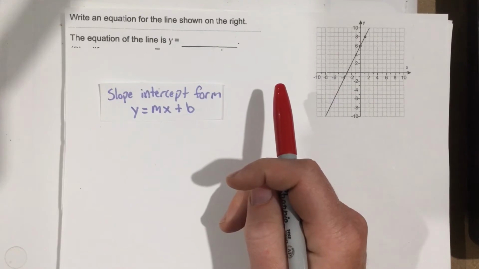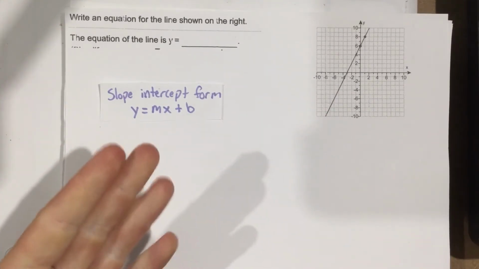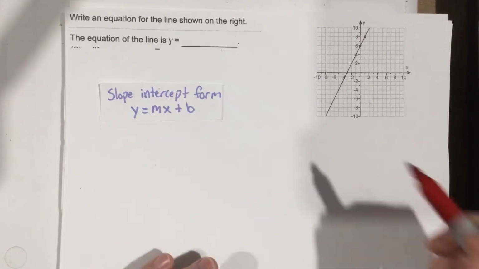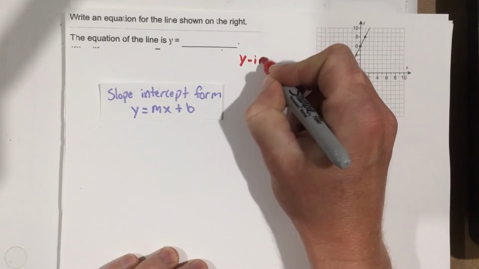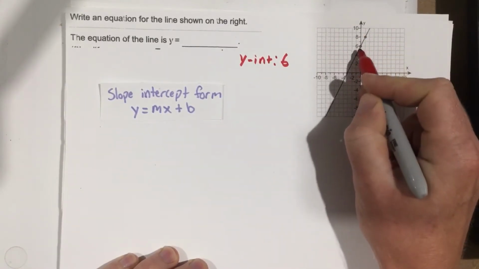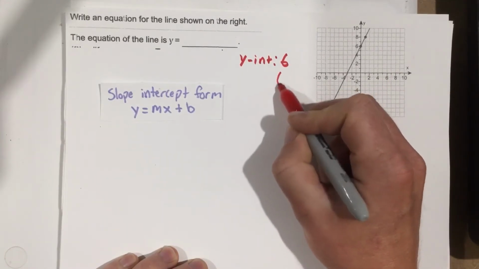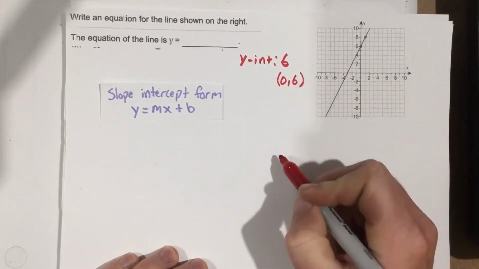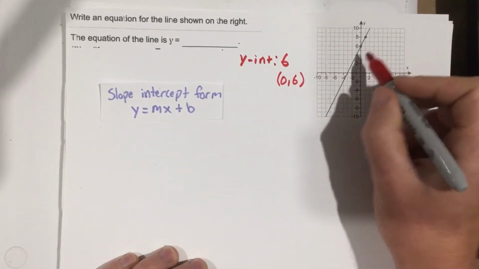So let's go ahead and calculate this, and there are two ways we can do that. Way number 1, we can just count. We know the y-intercept is 6 because that's where it crosses, and we could also say that's the coordinate (0, 6), but really 6 is what we're going to use for the b here.